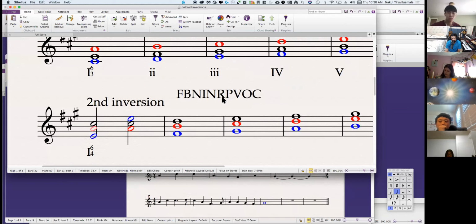Finding the bass note in the root position voicing of that chord will tell you the inversion.